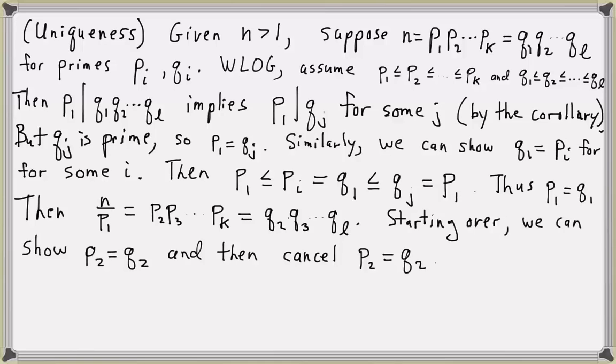Continuing this way, we can match up each prime p with a prime q, and therefore they must have the same primes in their factorization, and each pi should equal a qi for all i. So continuing this way, we see that k must equal l. There must be the same amount of primes on each side.